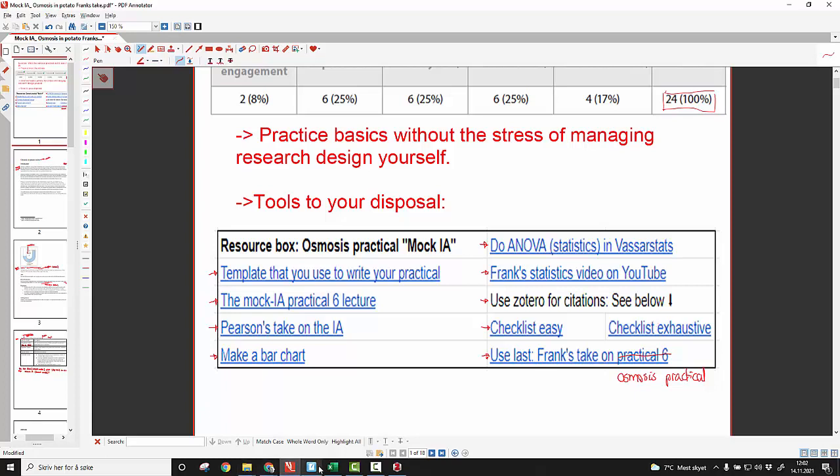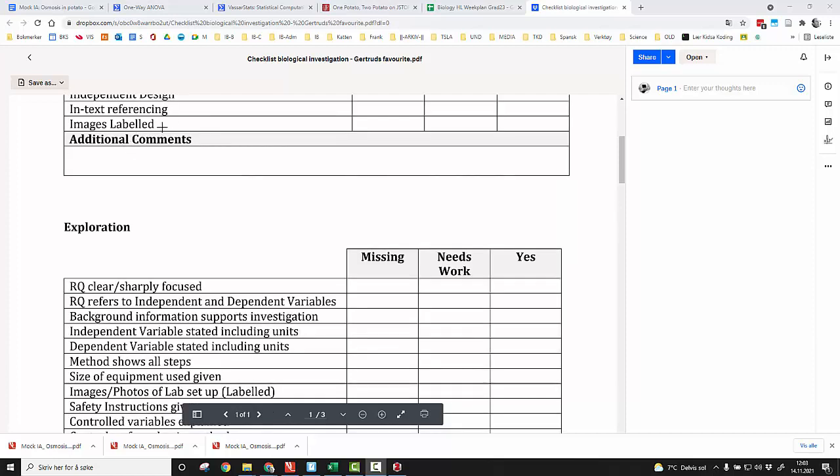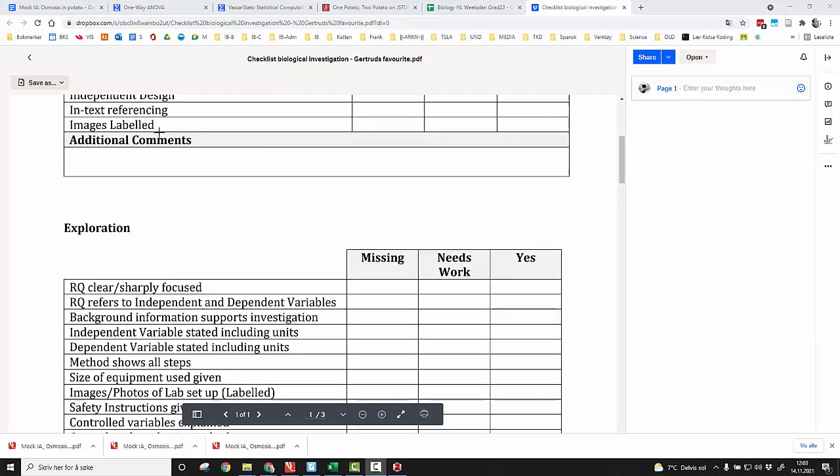And the way you use it is that you look at the keyword here, and then you look up, for example, the criteria for the IA or instructions you have been given, and try to determine, do you have a personal link in the introduction, and do I do in-text references and so on?